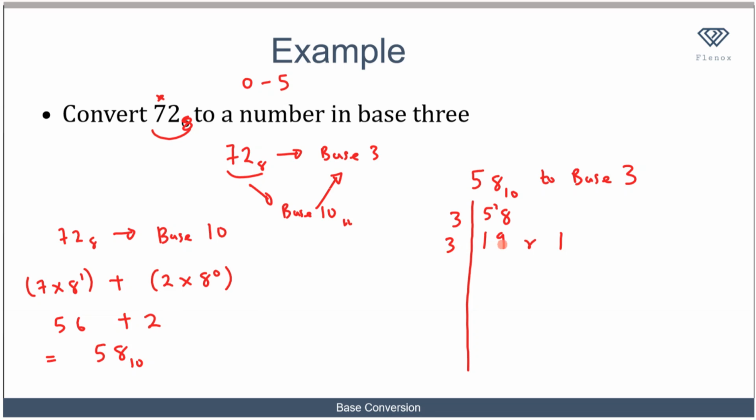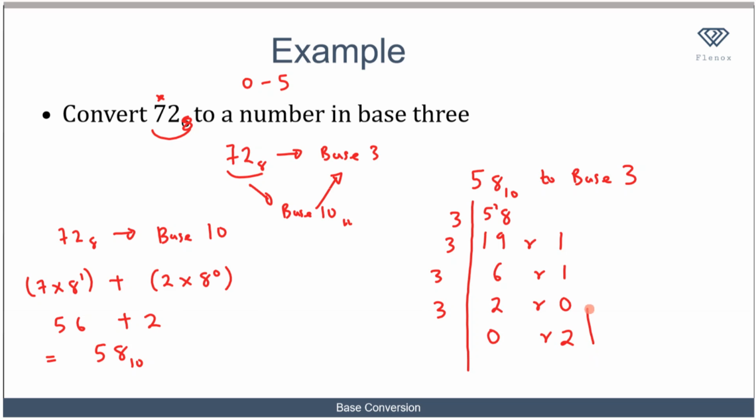Then 3 into 19 will give me 6, then the remainder is 1. 3 into 6 will give me 2, and the remainder is 0. And finally 3 into 2 will be 0, and now that 2 is less than 3, I just write the remainder here, 2.